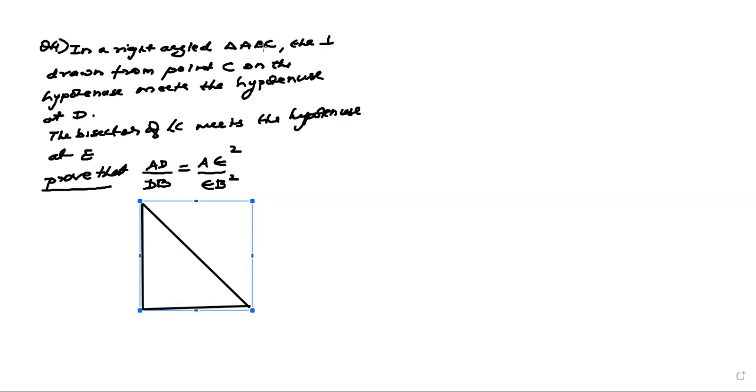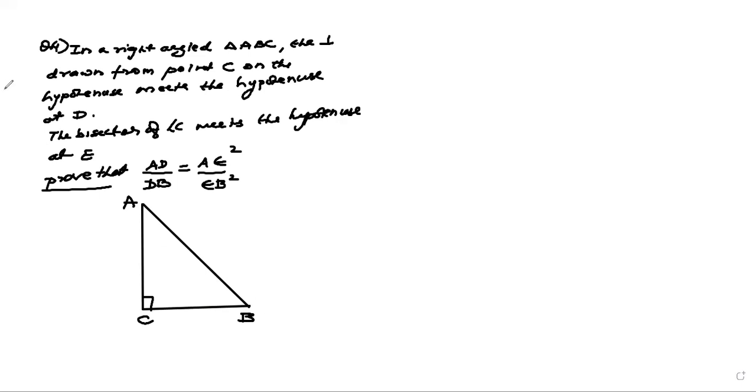C has to be the vertex. If C is the vertex of this triangle and you have to draw a perpendicular on the hypotenuse, that means C should be a 90-degree angle. Then only I can draw a perpendicular to the hypotenuse from here. Got it? Then only I can draw a perpendicular from C to AB.